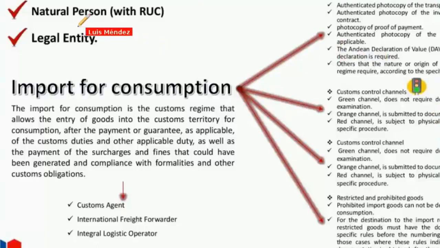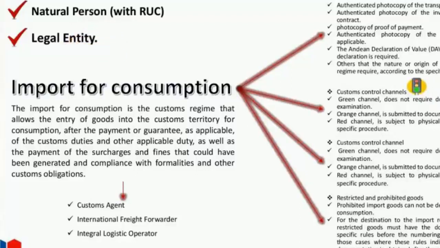In this case, you will have to be a natural person with a RUC or a TIN, which is the tax identification number, or you can be a legal entity.